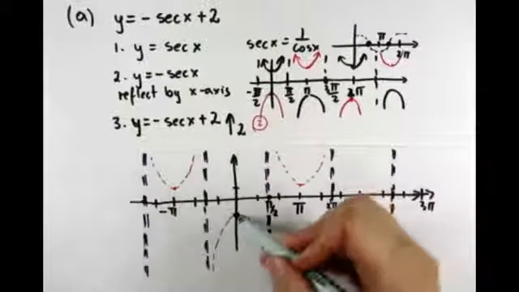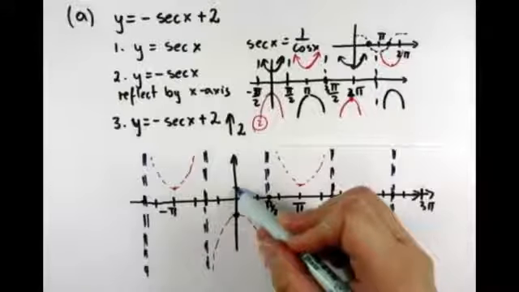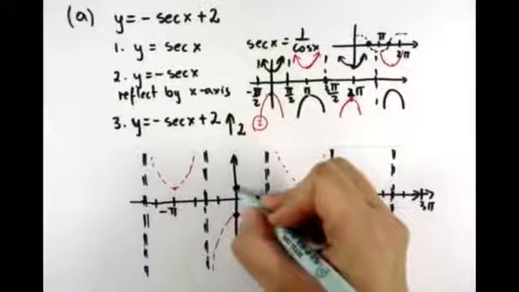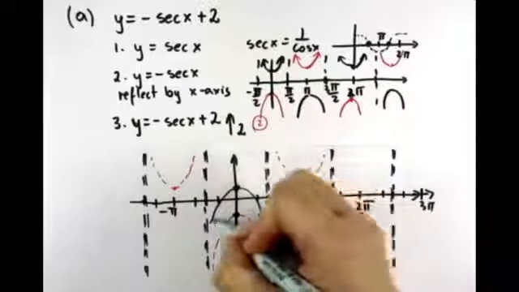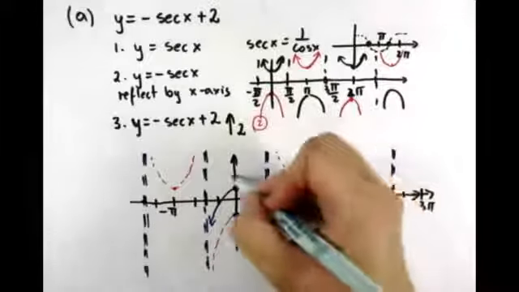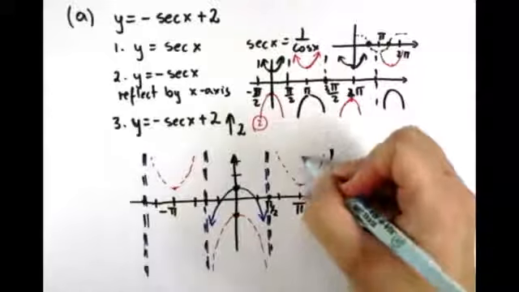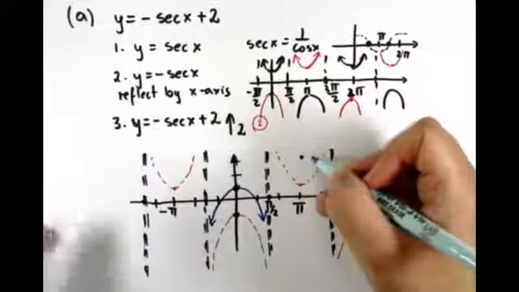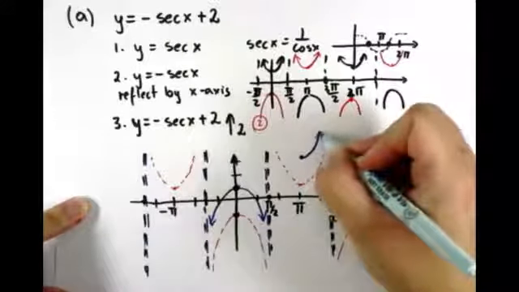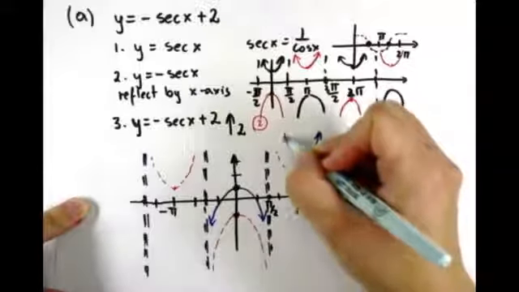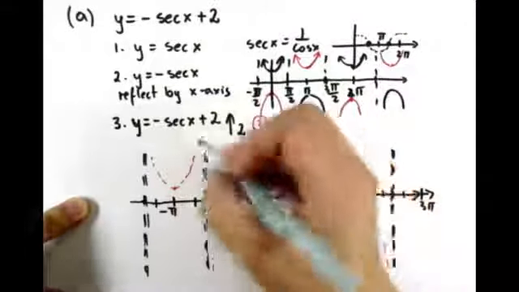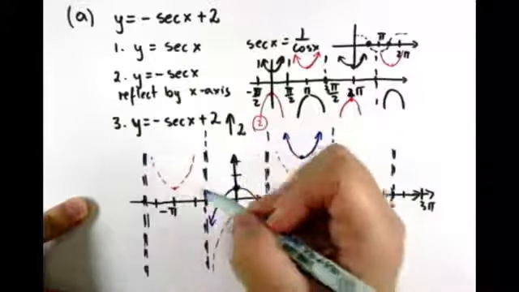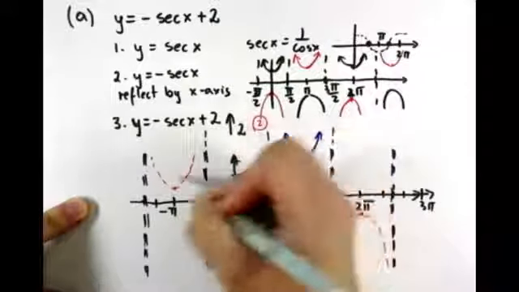And now this one goes 2 units up. 1, 2, right here. Here we go. And this one goes 2 units up, 1, 2, it's right here. And this one goes 2 units up, so 1, 2.